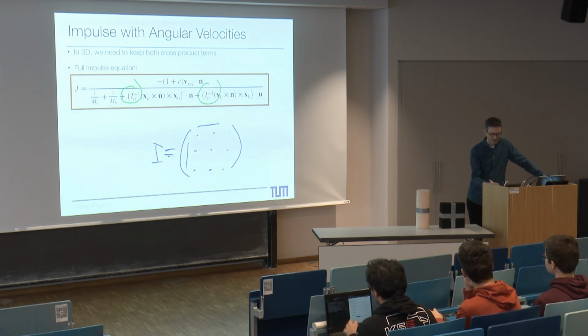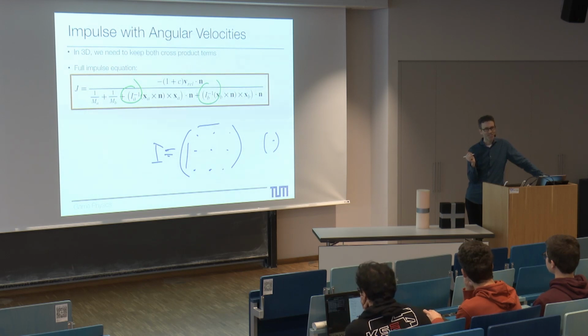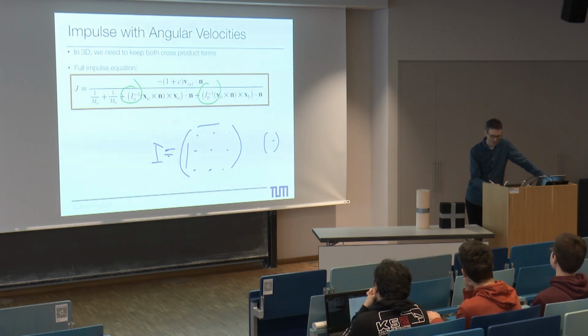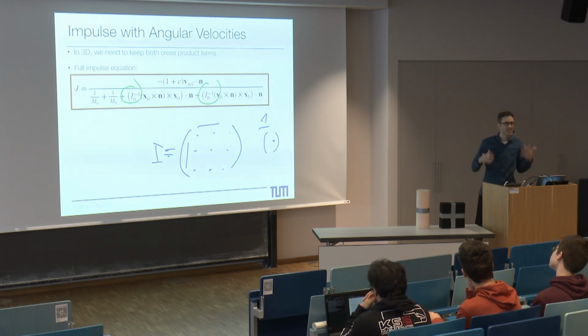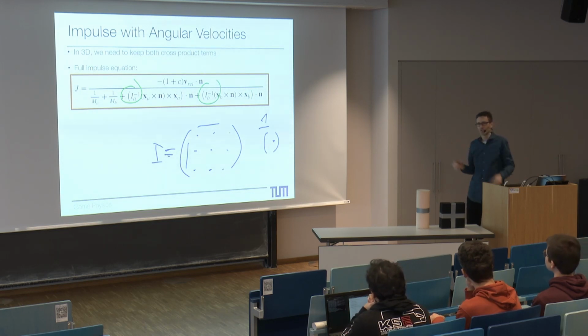In 2D, you can still think of it as a 1 by 1 matrix, but it's a single number, and the inverse of a rank 2 tensor or a 1 by 1 matrix is just 1 over that number. So that's why we can make these simplifications. I think it's a bit easier to think about in 2D, but this formulation holds also for more dimensions.